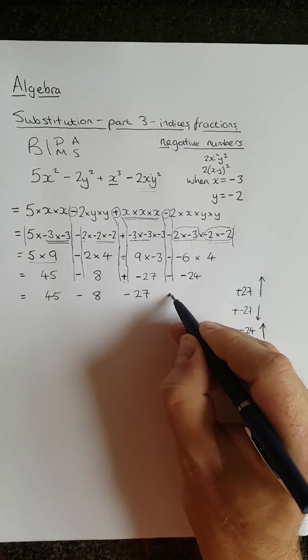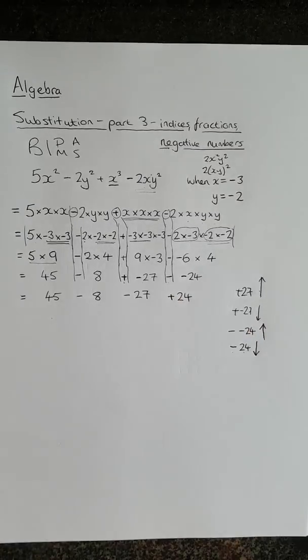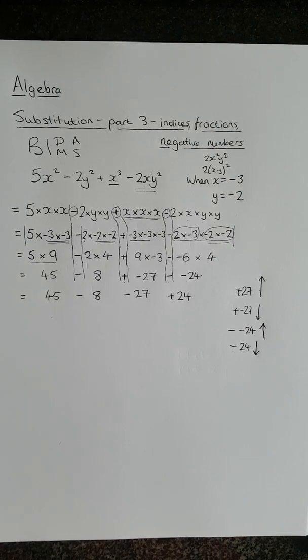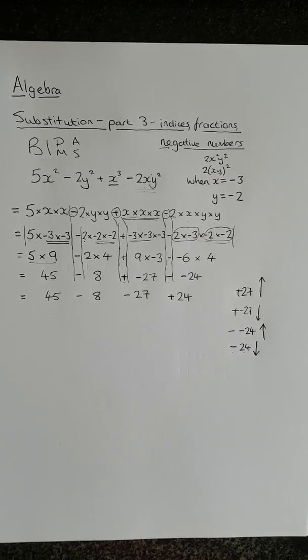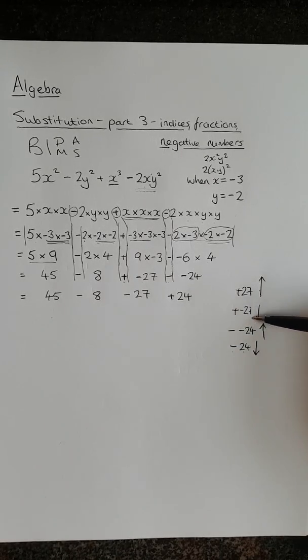So that becomes add 24. This method of comparing the sum with the negative to the normal sum is highly useful.